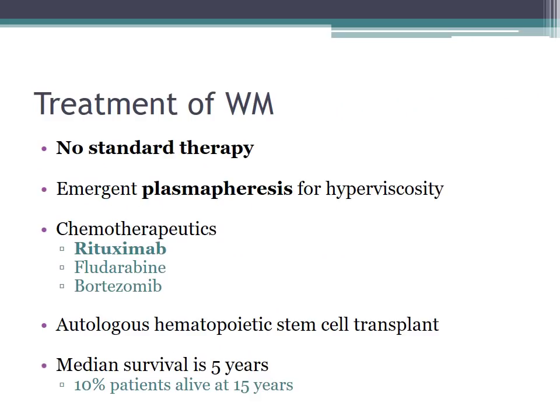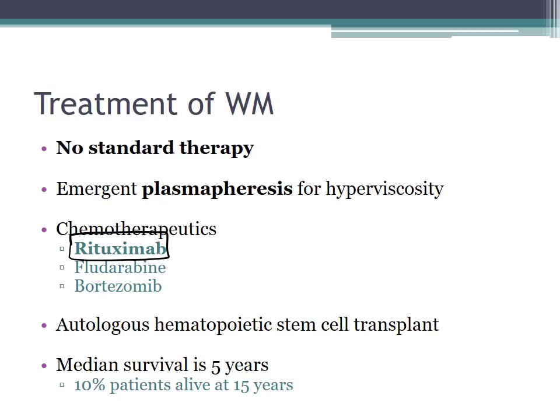There is no standard treatment for lymphoplasmacytic lymphoma. Patients with hyperviscosity issues may require emergent plasmapheresis. There are some chemotherapeutic options for lymphoplasmacytic lymphoma, including rituximab, fludarabine, and bortezomib, with the most likely to be used being rituximab, which is an anti-CD20 medication, which will work against B cells.